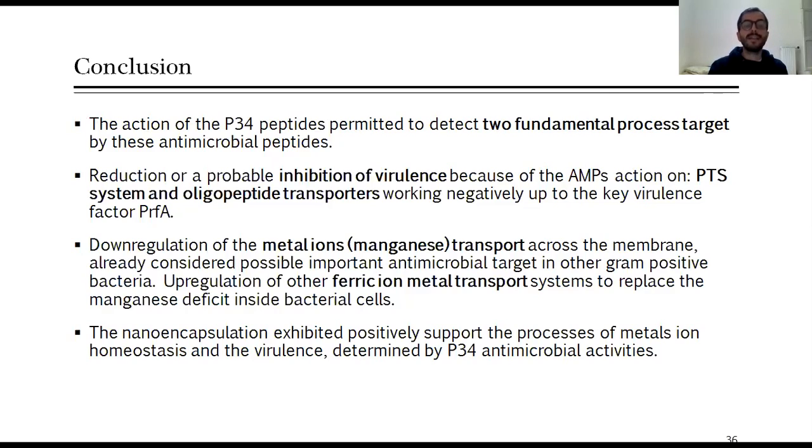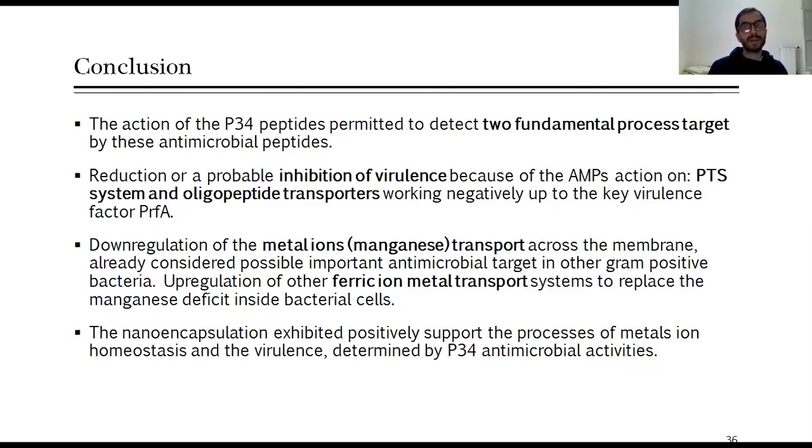And the downregulation of metal ion transport, manganese transport, is already considered one of the most important antimicrobial targets in gram-positive bacteria, for its specificity for this group of bacteria.